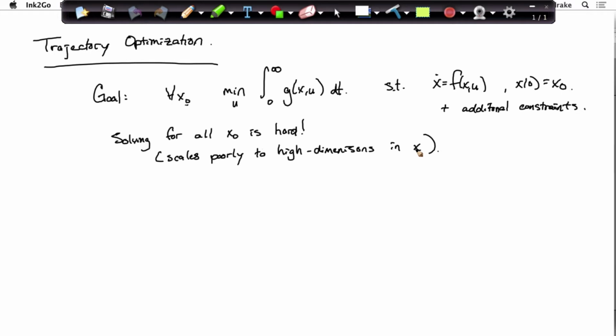So the idea we started talking about last time was instead to solve for a single x0, maybe the state that I'm in right this moment, and we're going to give up on global optimality and just worry about having something that's what we call locally optimal.